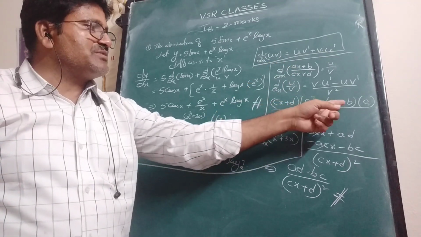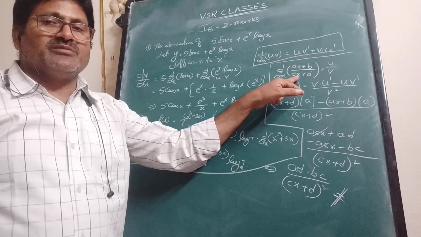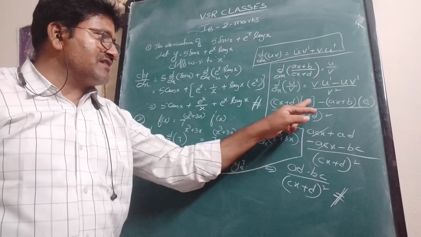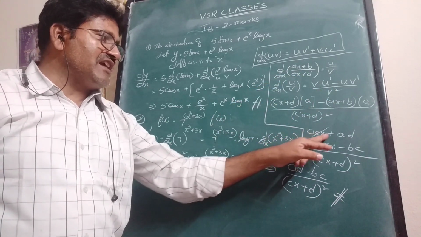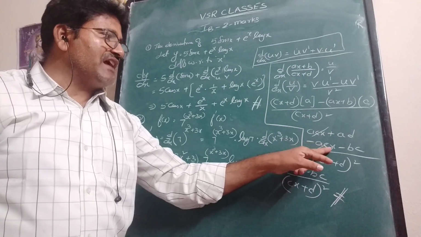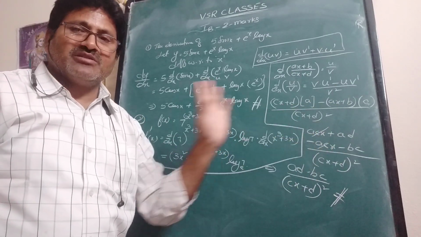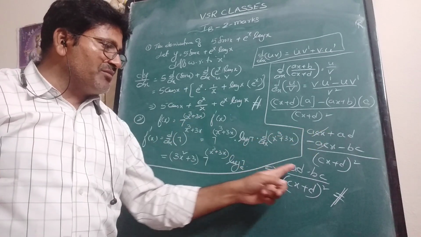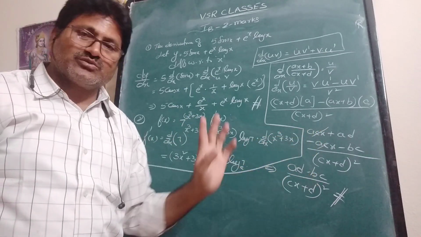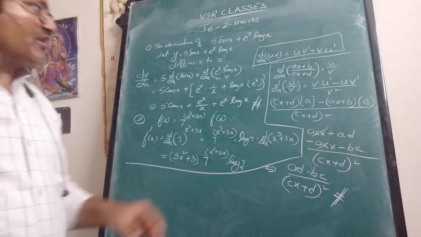And here ax plus b into derivative of this one will be c. So we got it like this, and internal multiplication: acx plus ad minus acx minus bc. So acx minus acx will cancel. Okay, ad minus bc by cx plus d whole square. This is the remaining term. That is your answer for that.